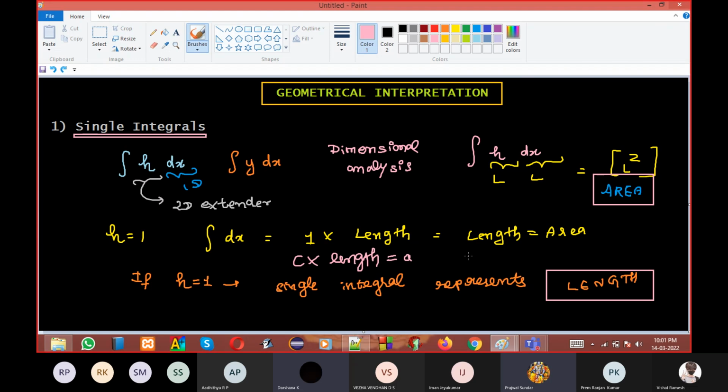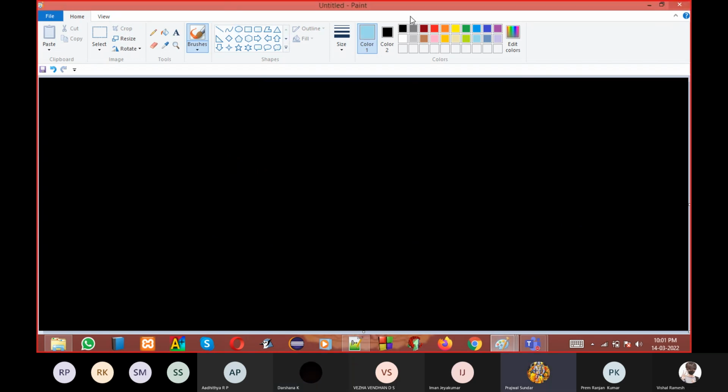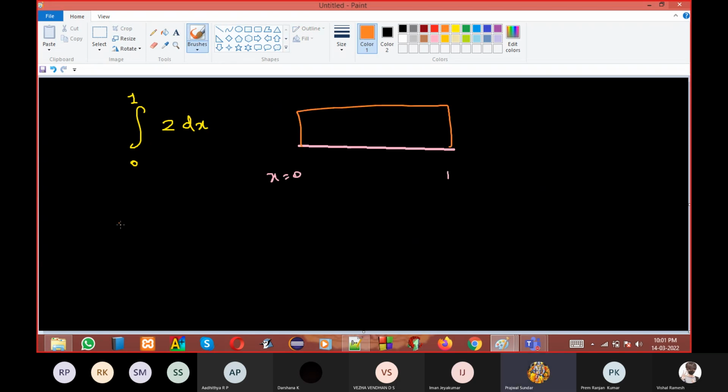Suppose that x is length, then it will be just length, right? No, 2 will make it area. You see, integral 2 dx. Suppose I'm integrating from 0 to 1. I am taking a region x equal to 0 to 1, and 2 means I'm extending the height as 2. So this is area, you know. Understood?